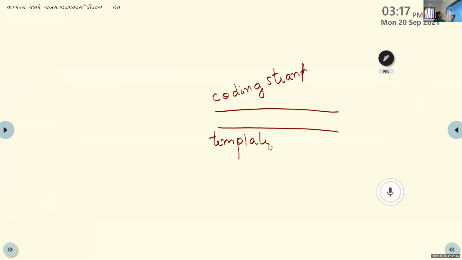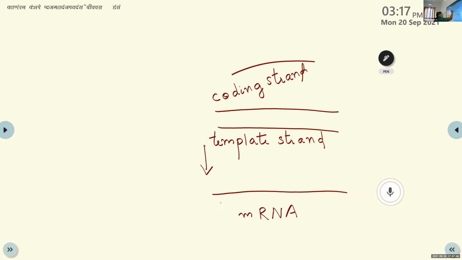The new messenger RNA formed will be complementary to the template strand. Whatever is present on the template strand, that information is getting copied to messenger RNA.